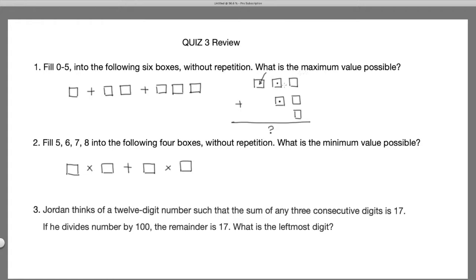So to make the sum as big as possible, clearly you want the 100 digit as big as possible. What's the biggest number there? It's 5. And for the 10 digit, after removing the 5, you want these 2 digits, the sum, to be as big as possible. And the best you can do is put a 4 and a 3 there.